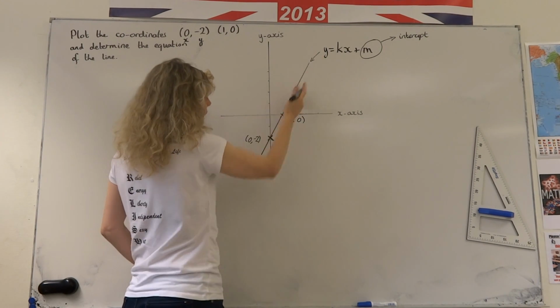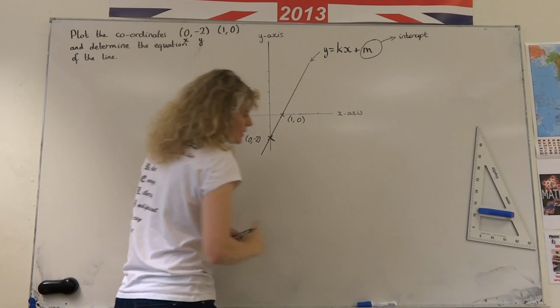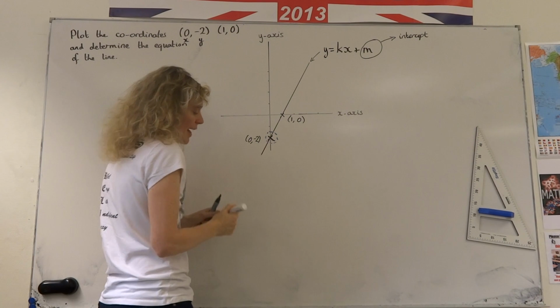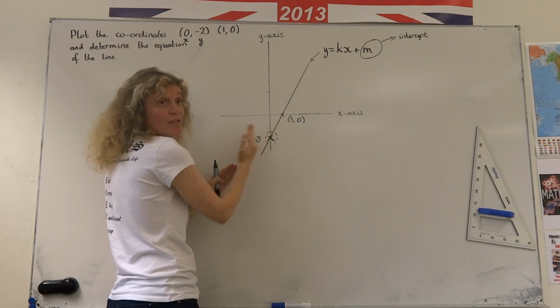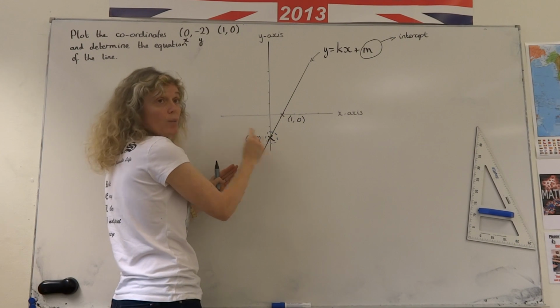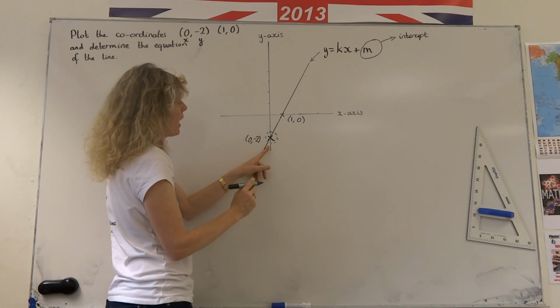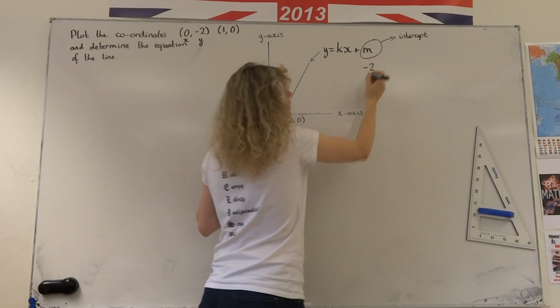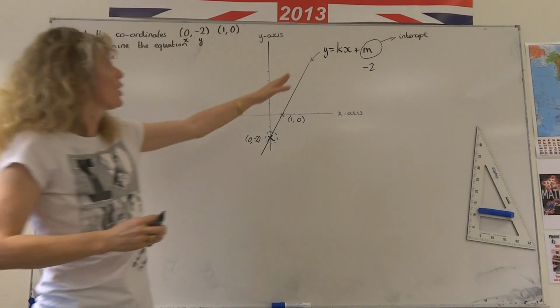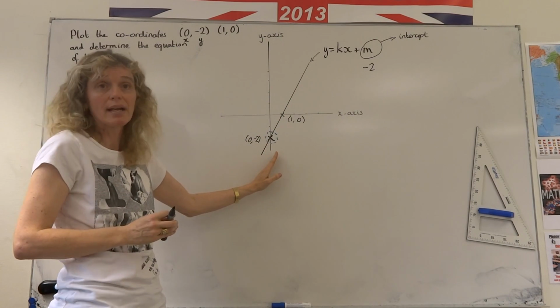You follow the line and you see, oh look, here's where it cuts the y-axis. That's when x equals 0. We haven't moved anything in the x direction. What's the value of y where it cuts the y-axis? Well, it's -2. So the intercept is the really easy thing to find. You just look at where the line cuts the y-axis.